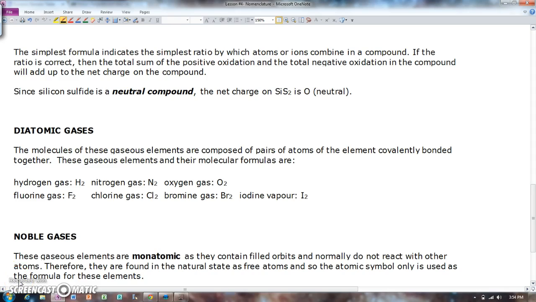So in this case, silicon has a 4 plus charge and sulfur has a 2 minus charge, but we have 2 of them. So again, we can see 2 times 2 gives us our 4, and that cancels out my 4 positives. Okay, so this is a nice way to check, certainly on ionic compounds, when you're dealing with the positive and negative oxidation states, whether this is going to be a neutral compound or not.